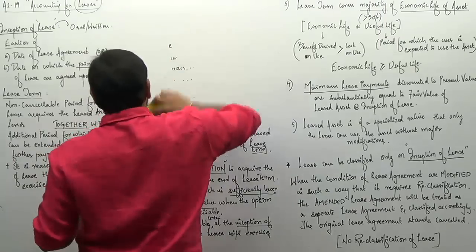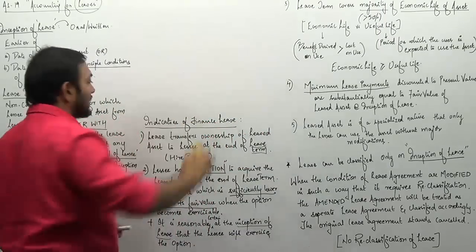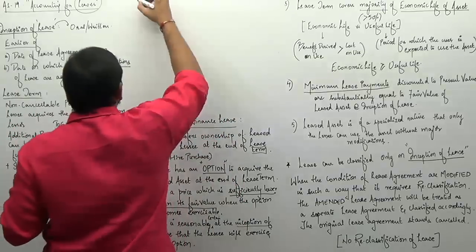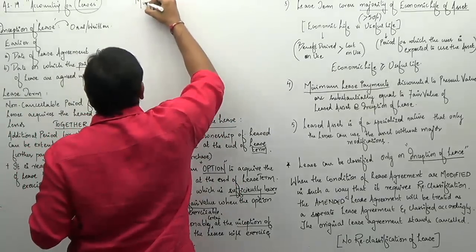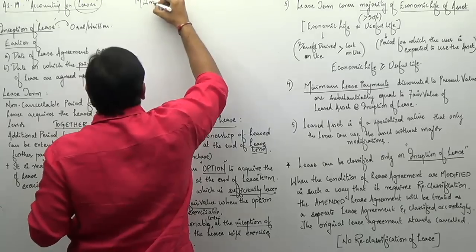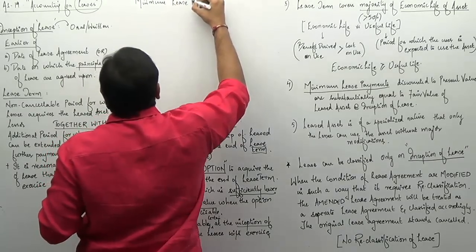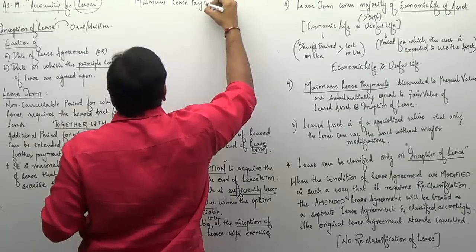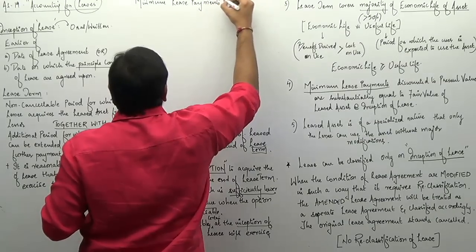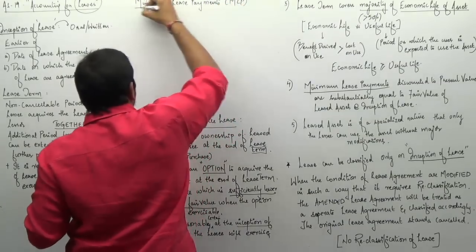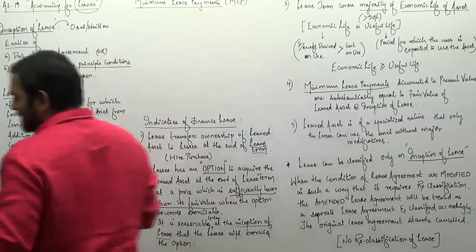Other than this, we also had one typical term which we use in point number 4. That was minimum lease payments. In short, we call it MLP. Minimum lease payments.